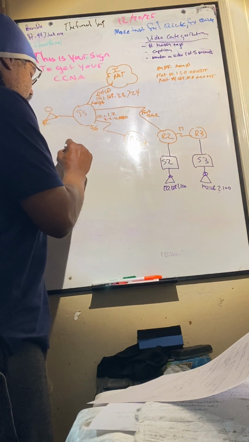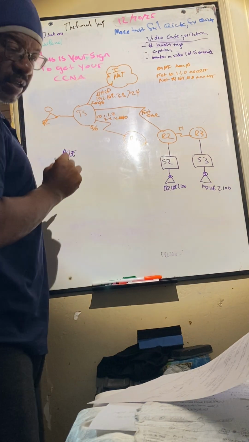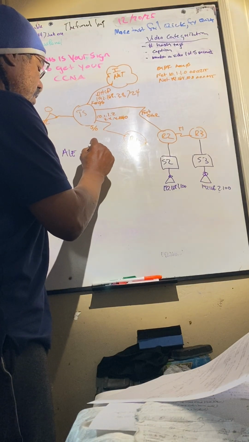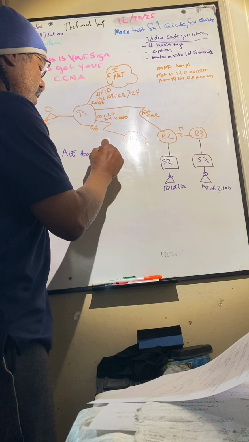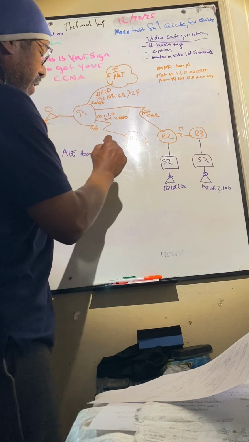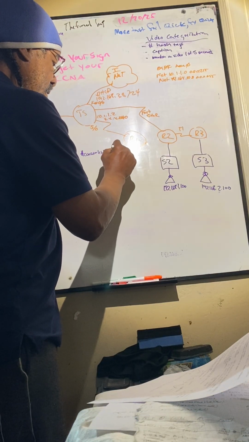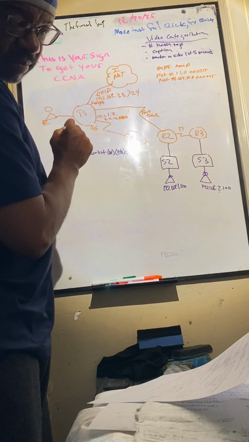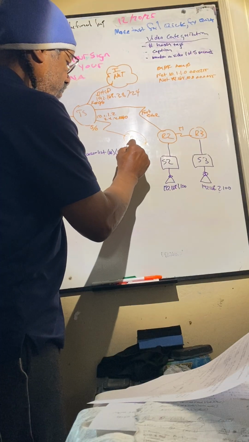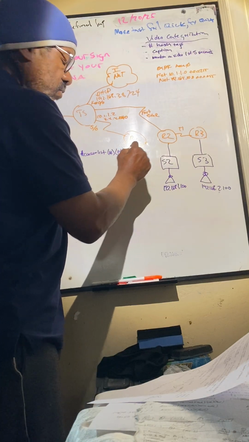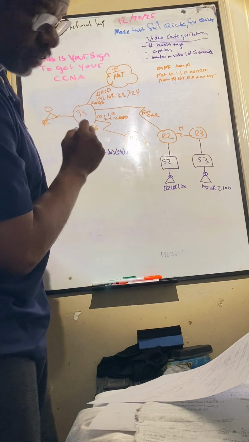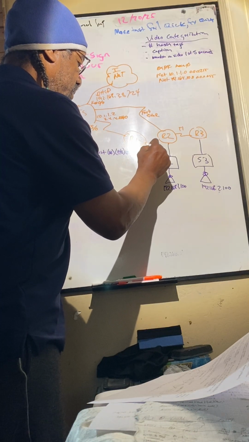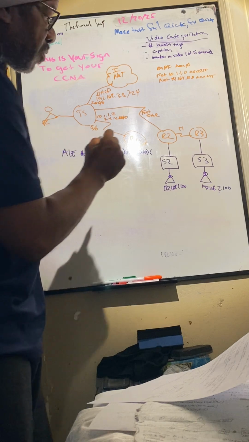So I do have the ALE note, access list extended, and the command for it is access-list, the number, permit or deny, protocol, source or destination, and then port number.